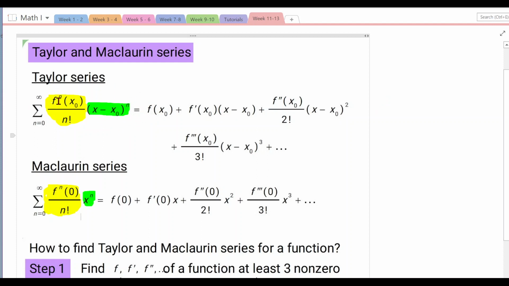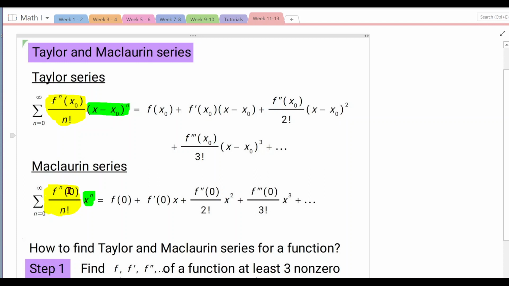For example, let's start with the Maclaurin series. In the Maclaurin series we know that the center is 0, so f to the power of 0 is basically the function itself, which is already confusing.